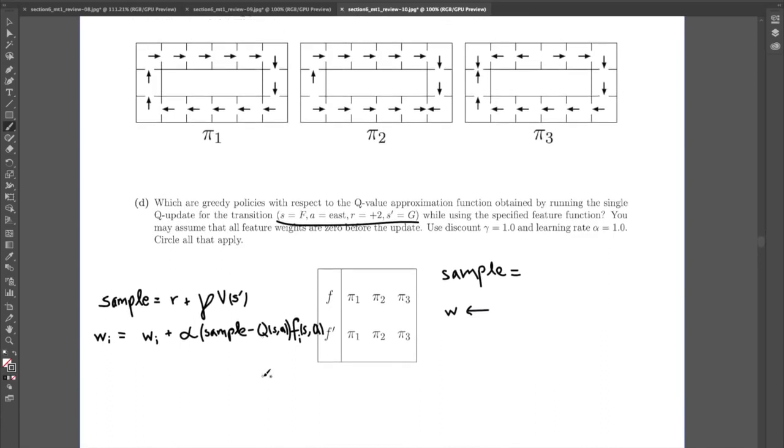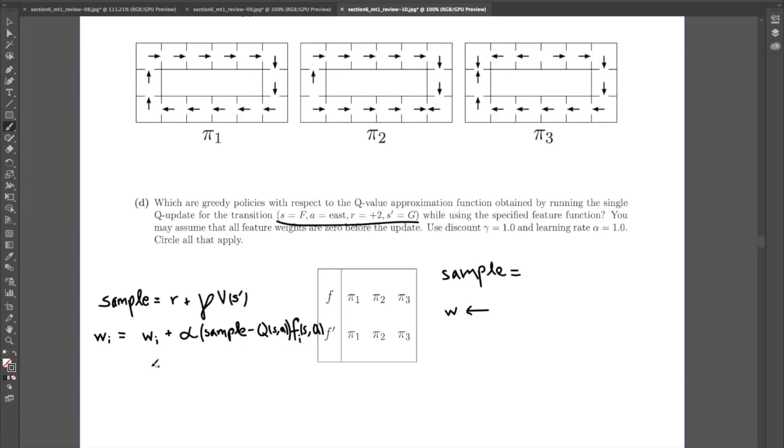I've written down the feature-based Q-learning update over here. Recall that we compute a sample value, very similar to what we did before, except this time instead of updating the Q value of the state action pair, we instead update the weights, right? So we set each old weight equal to its old value plus alpha times the difference between the sample and the old Q value times that particular function value. So for the ith weight, that corresponds to the ith function.